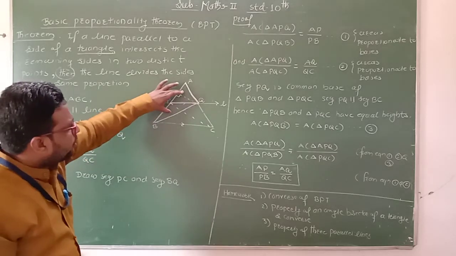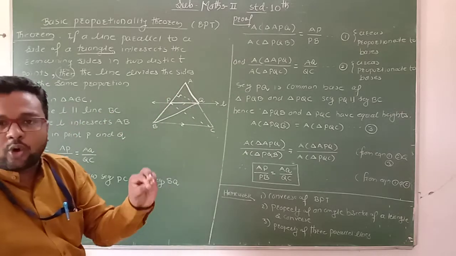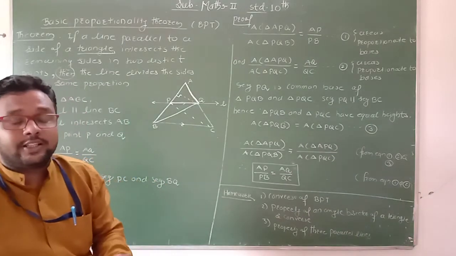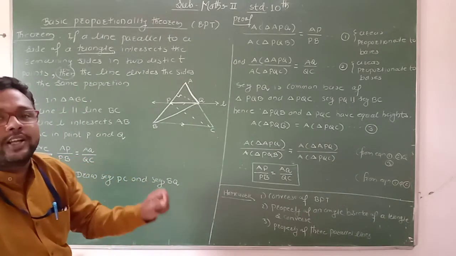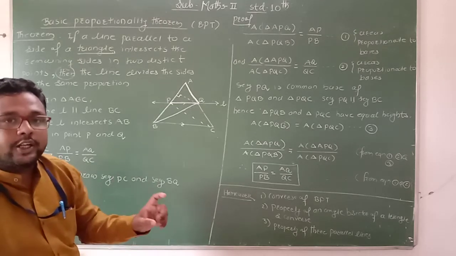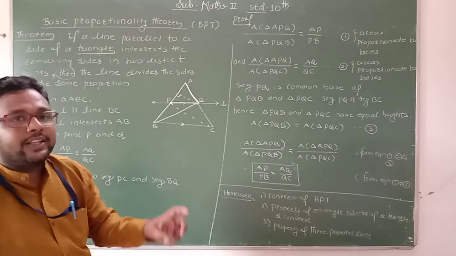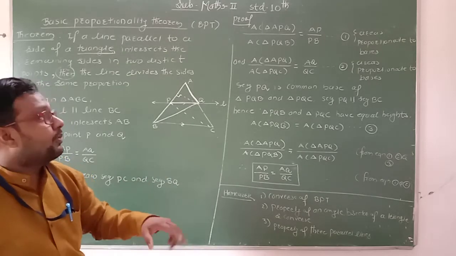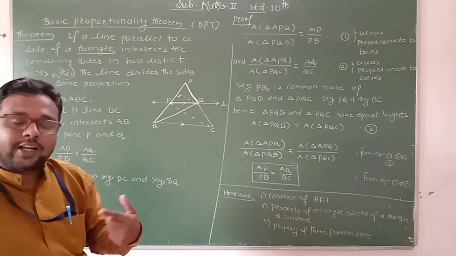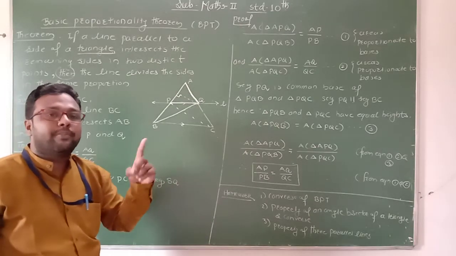Clear? If two triangles have the common height or equal heights, then the ratio of areas of these two triangles is equal to the ratio of their corresponding bases. We already learned in the previous video the ratio of areas of two triangles. In that, the first condition is: if the bases are equal, then the areas are proportional to their heights. If the heights are equal, then the areas are proportional to their bases.